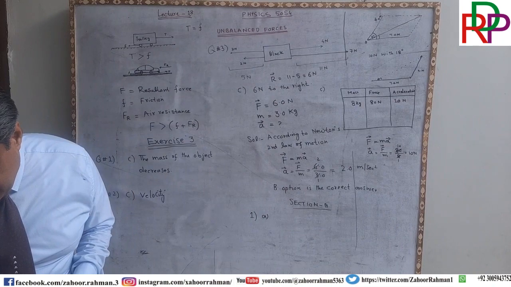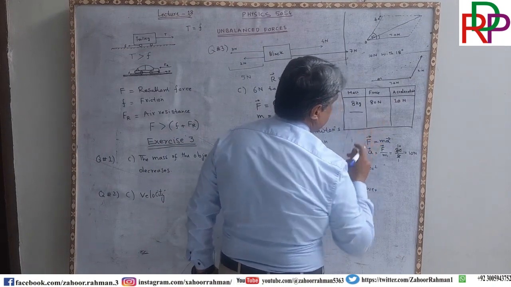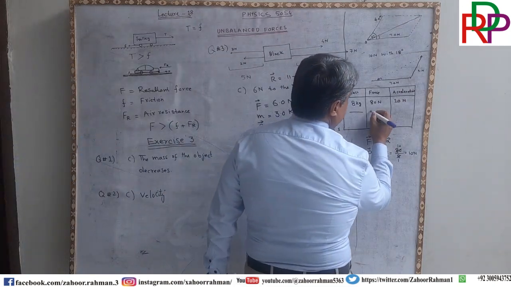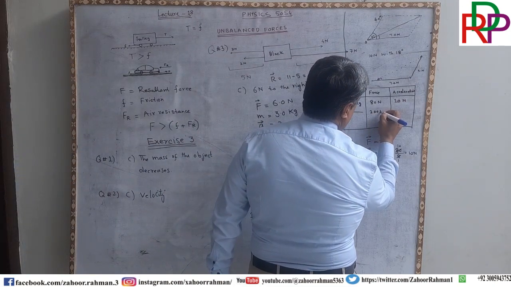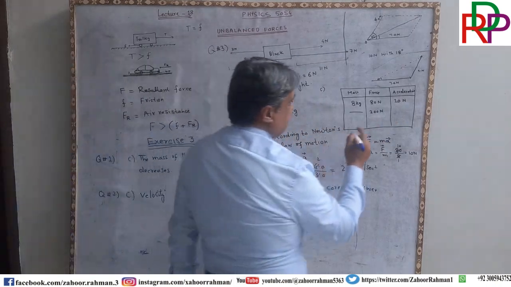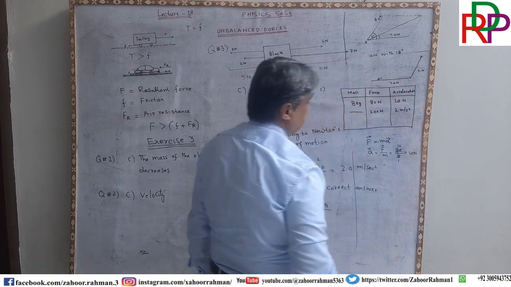In the second case, you have to find the mass. This is an empty place. 200 Newton is given as the force, and the acceleration is given as 2 meter per second squared.